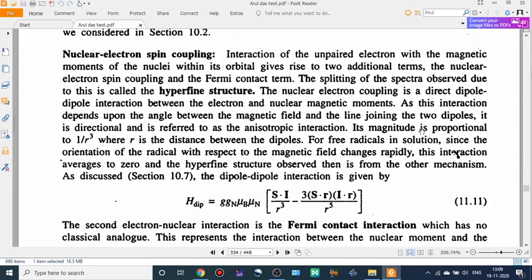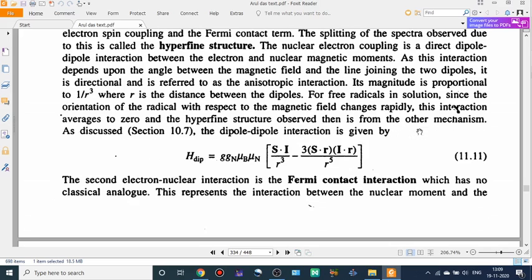That is the nuclear electron coupling, a direct dipole-dipole interaction between the electron and nuclear magnetic moments. It depends on the angle between the magnetic field and the line joining the two dipoles, so it is completely directional, and we can say it is an anisotropic interaction.